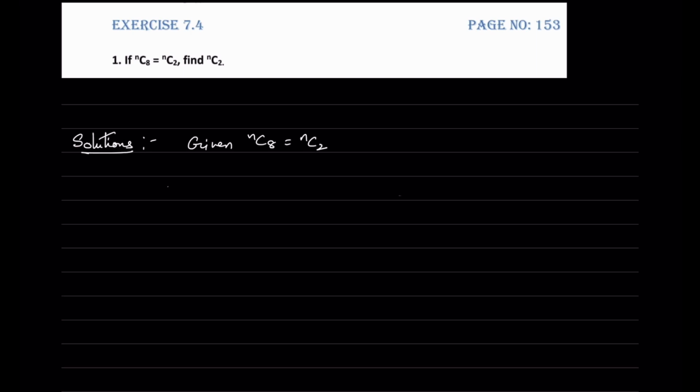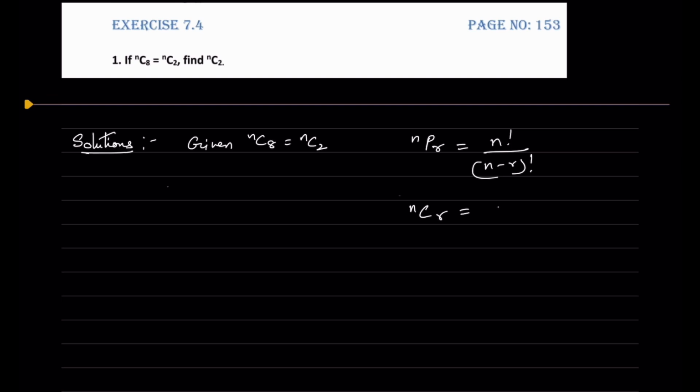But before going into this problem, we'll see the different formulas we learned for permutations. nPr is equal to n factorial by (n minus r) factorial. This formula we learnt previously, and we did all the problems using it. Now, what is nCr equal to? nCr is equal to n factorial divided by r factorial into (n minus r) factorial.